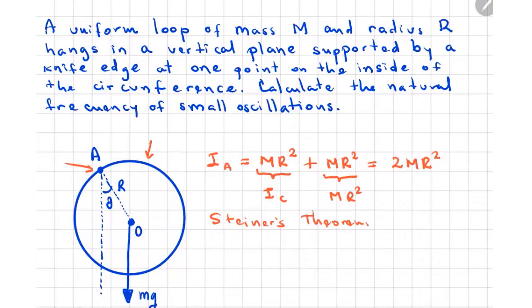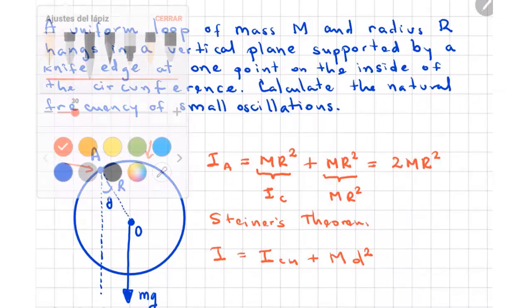If a body rotates about an axis that is parallel to the axis passing through the body's center of mass, then the moment of inertia is I equals the principal moment of inertia, in this case about the center of mass, plus the mass of the object multiplied by the distance squared from the center of the body to the point the body is rotating about. So that's what I use here.